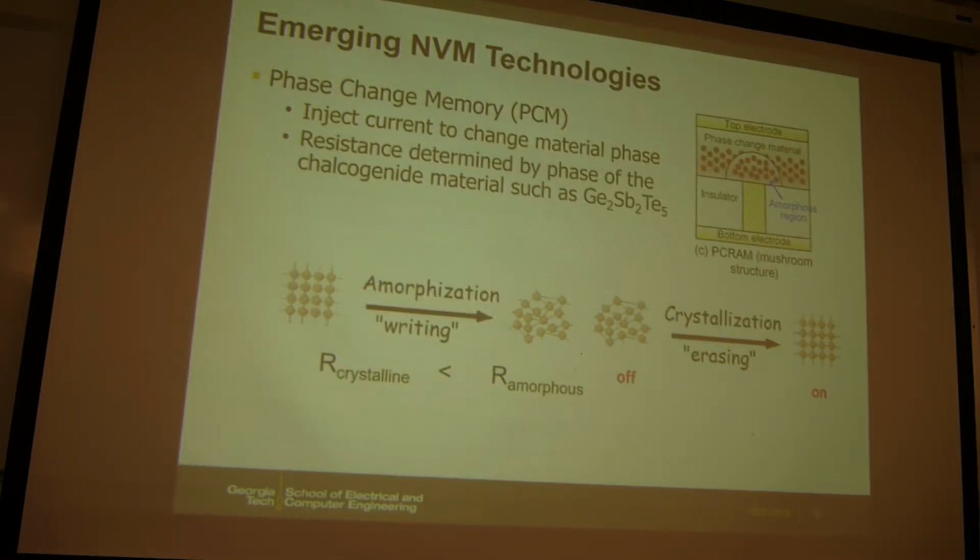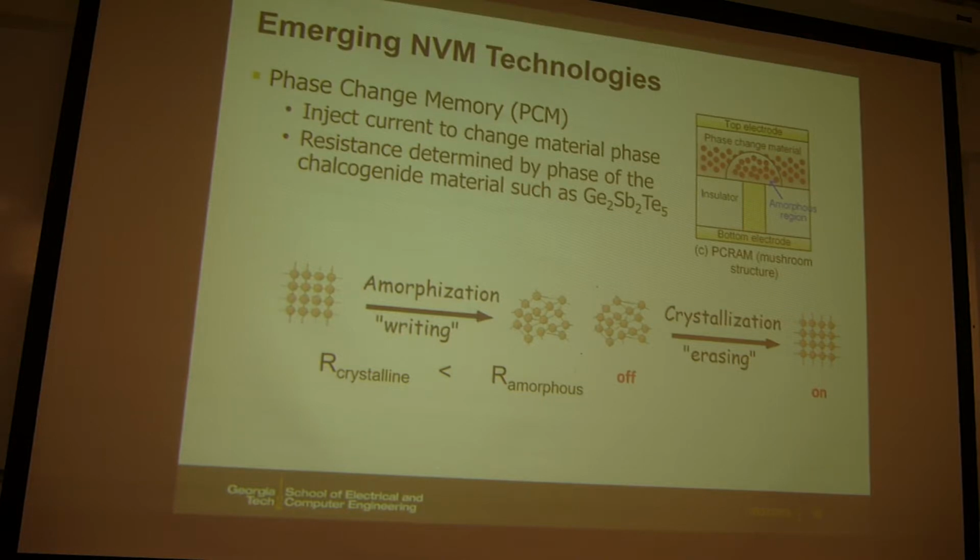And the second one is called the phase change memory, PCM. So this one depends on a particular material called the phase change material. And in many cases, it uses chalcogenide material.